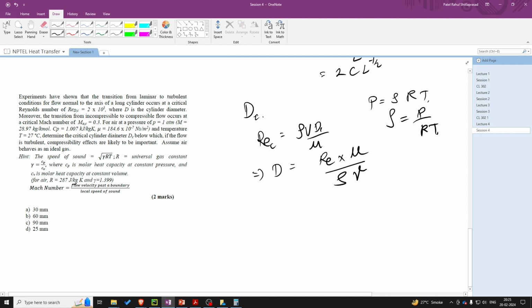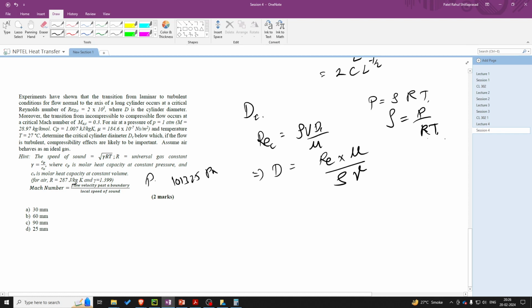So temperature we have, R we have, and pressure we have to take as 1 atm, that is 101325 Pascal. So this is the pressure P, and from here you can get the density.